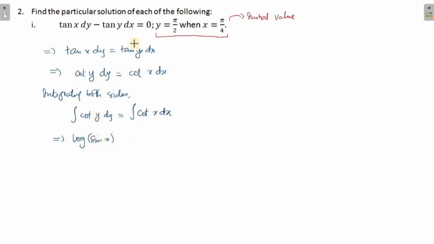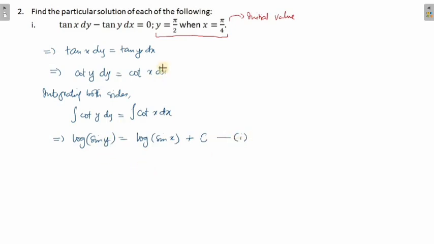I'm sorry, here it has to be y, so it is log sin y, and this integral becomes log sin x. If you want to put any constant of integration, that's okay. If you want to put log c, that is also fine. If you want to put just c, that is also fine. So let me put c here and call this equation number 1.